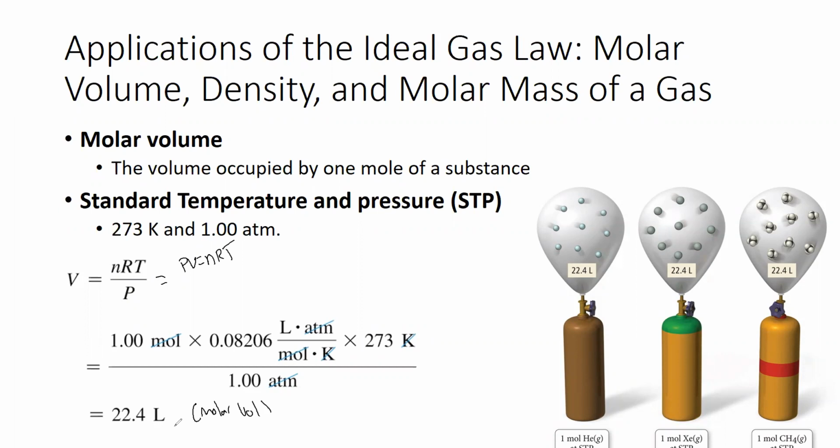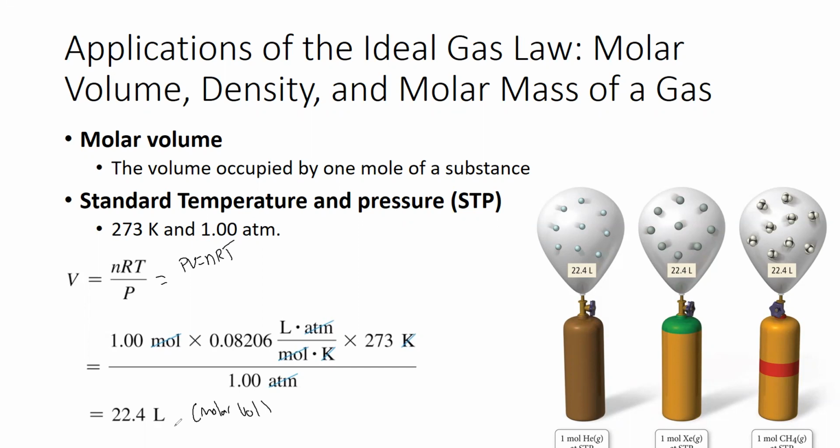When I do that, I expect that a lot of people will put down 22.4 liters because they memorized it. Keep in mind, 22.4 is the molar volume only at STP. Under different temperatures and pressures, you have to calculate volume using PV equals nRT.